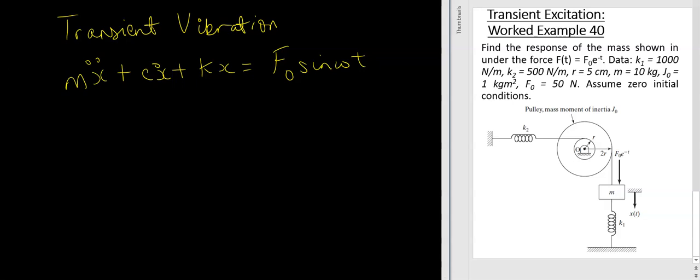In all harmonic excitation problems, the forcing function F(t) essentially takes that form of an amplitude sine omega t. And of course, we can solve for our displacement using some of the equations that we derived before. For instance, kX on F naught.